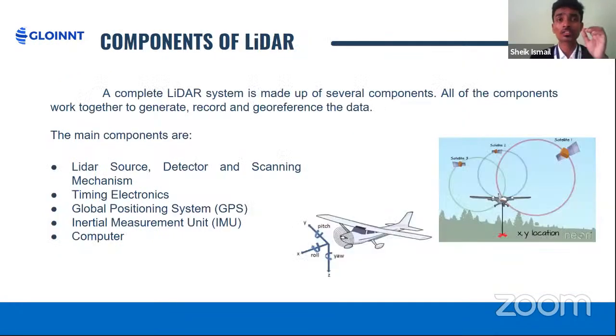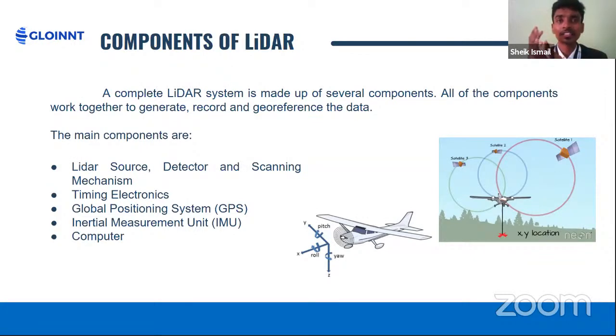See the components of LiDAR. A complete LiDAR system is made up of several components. All of the components work together to generate, record, and georeference the data. The main components are the LiDAR source, the detector, and the scanning mechanism. The LiDAR source emits the laser pulse from the device.